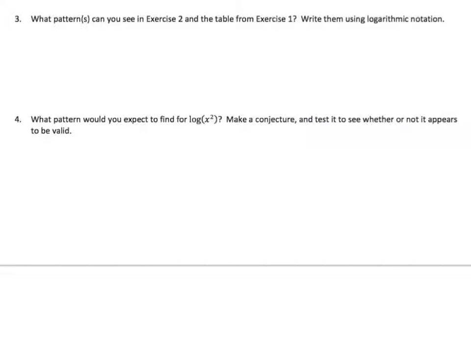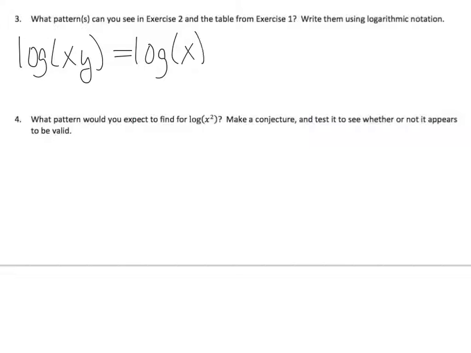All right, what patterns can you see in exercise 2 in the table from exercise 1? Write it using logarithmic notation. So what we saw was what I alluded to early in the lesson. Log of xy is the same as log x plus log y. What pattern would you expect to find for log x squared?